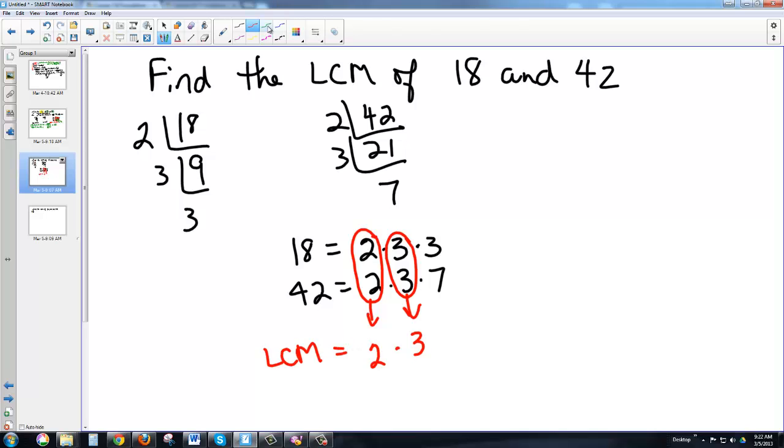Now, what's left over? I see another 3. And I see a 7. My least common multiple has to include all of those things. Multiply those all together. I'm going to cheat.